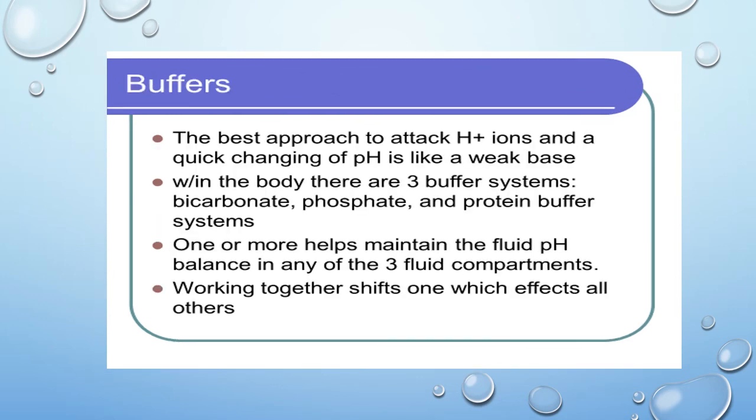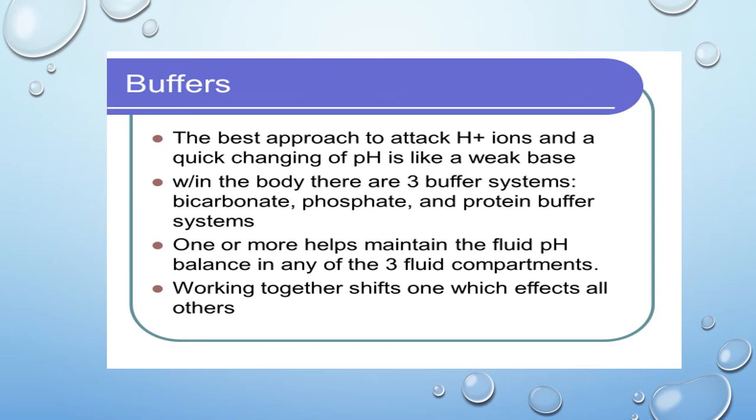So how do we balance it? Well, the first way we balance it is, remember, we need to aid in attachment. So if we have it too acidic, remember, acids are proton donors. Just think of H+.